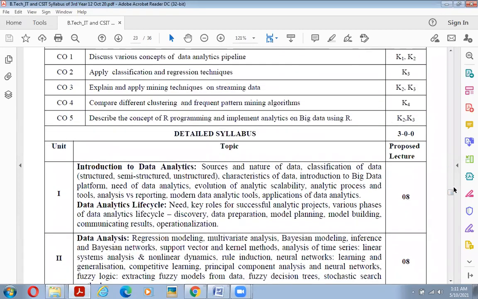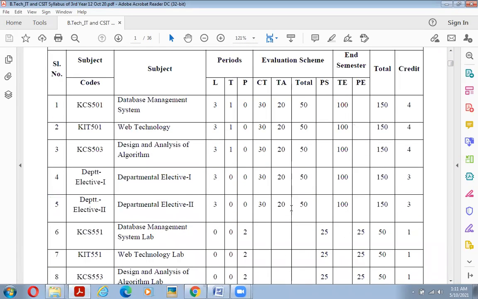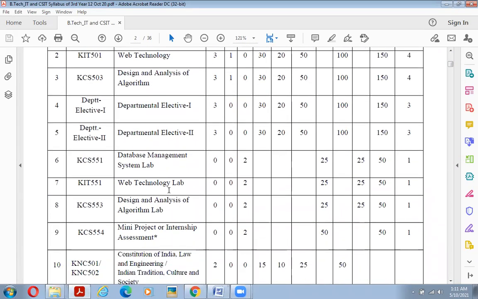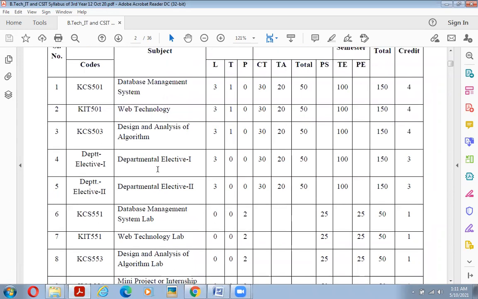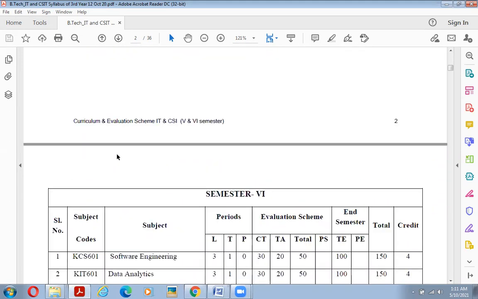The evaluation scheme of this subject is exactly... this subject belongs to this elective.